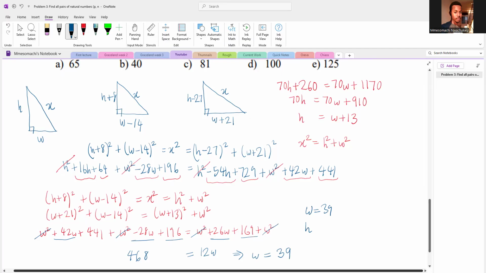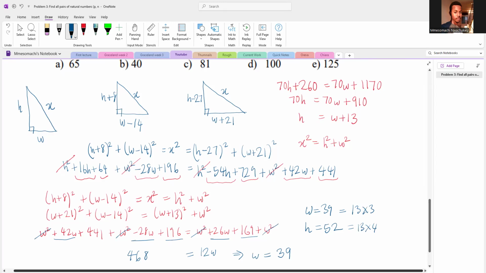Then we have H, which is equal to W plus 13. So it's going to be 39 plus 13. That's going to give you 52. So we now need to find X squared. I think we could probably do this in an easier way. This is 13 times 3, and this is 13 times 4.